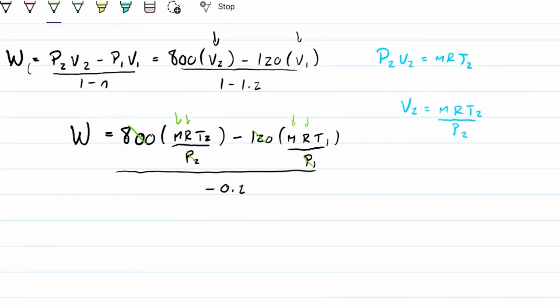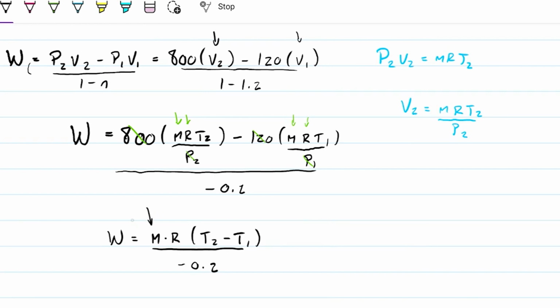The next trick I'm going to apply is, let me just put these guys in evidence. This is mass times R times T2 minus T1 divided by 0.2. I don't have the mass, but I can divide everything by the mass.